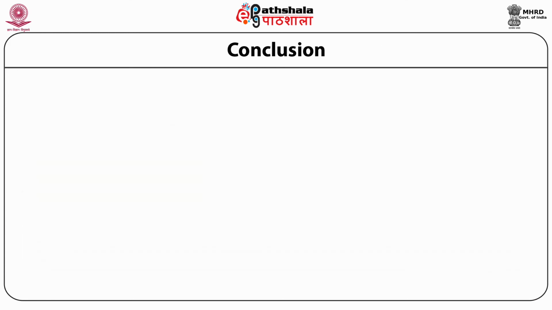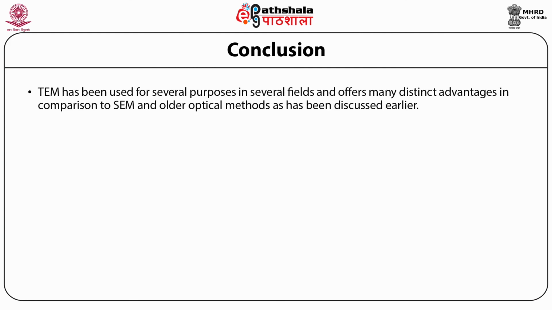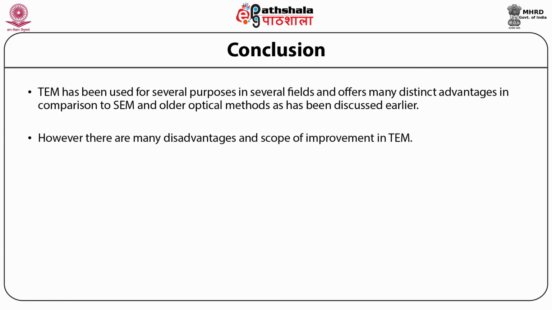Now let us conclude about what we have studied in TEM. TEM has been used for several purposes in several fields and offers many distinct advantages in comparison to SEM and older optical methods that have been discussed earlier. However, there are many disadvantages and scope of improvement in TEM.